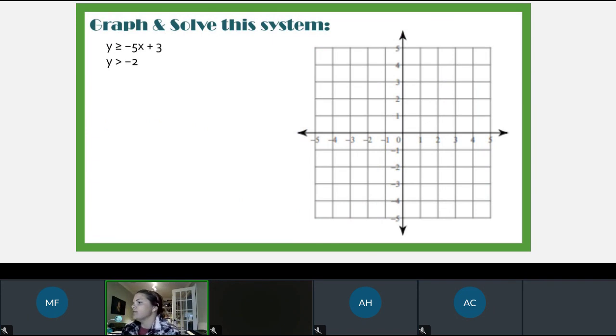Do I have anybody that wants to volunteer to graph this top equation? I'll let you put it in red. Does anybody want to try to graph that for me?